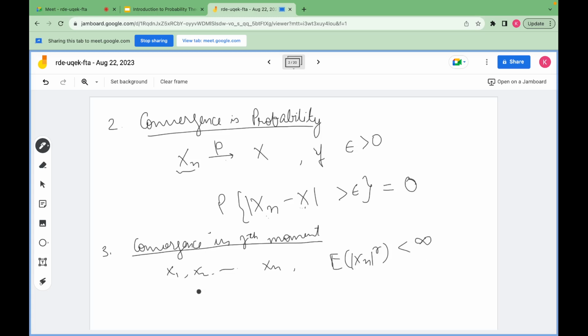Then we can say that if the limit n tends to infinity of the expectation of Xn minus X in the rth moment is equal to 0, then we will say that Xn converges to some X in the rth moment. Okay.